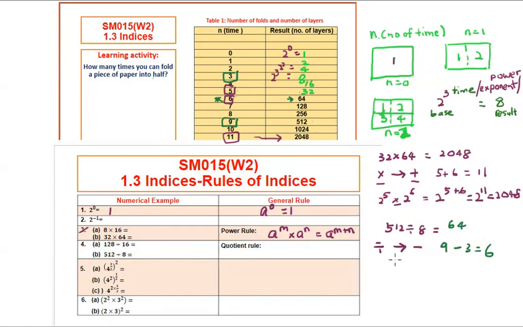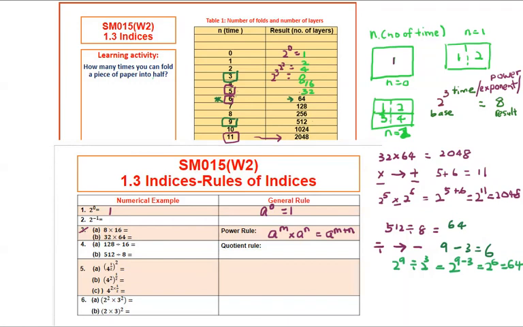How we write this in indices is like this. 512 is 2 power 9. Divided by 8. 8 is 2 power 3. So it's equal to 2 raised to power 9 minus 3, which is 2 power 6, which is equal to 64.